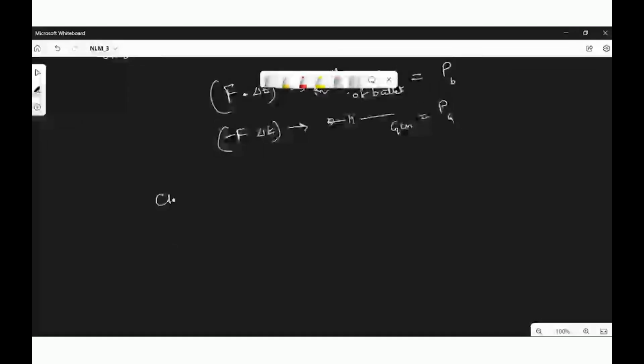Change in momentum will be P final minus P initial, which is nothing but P final minus 0, which is the final momentum. If initial momentum is 0, change in momentum must be equal to final momentum. Do you agree?